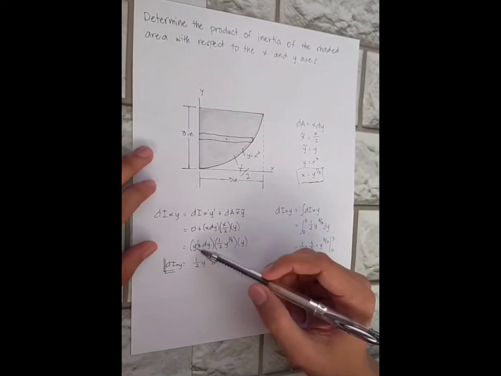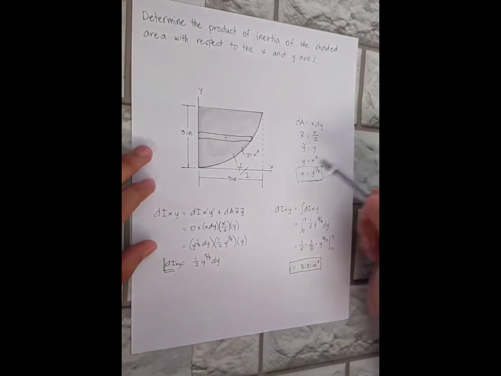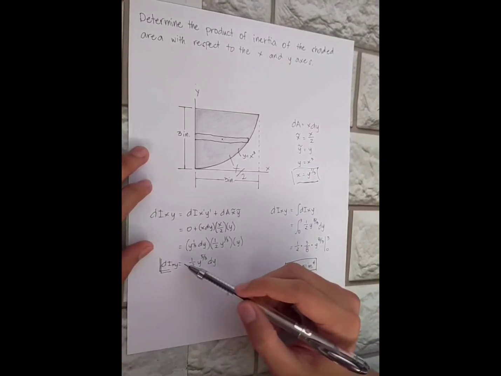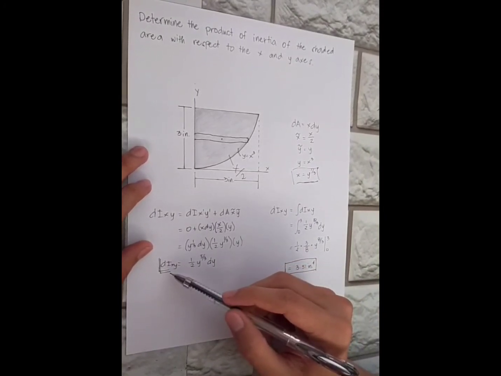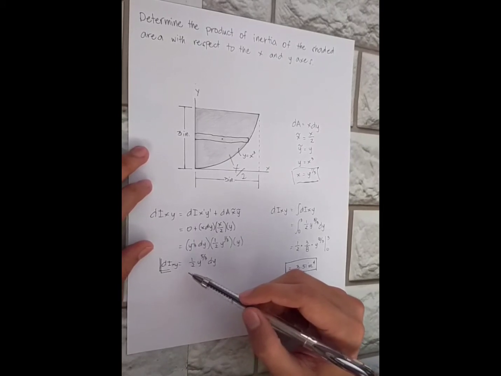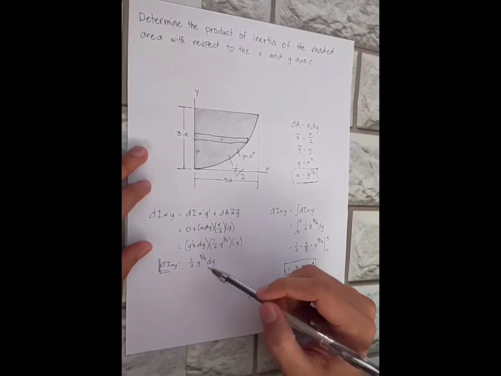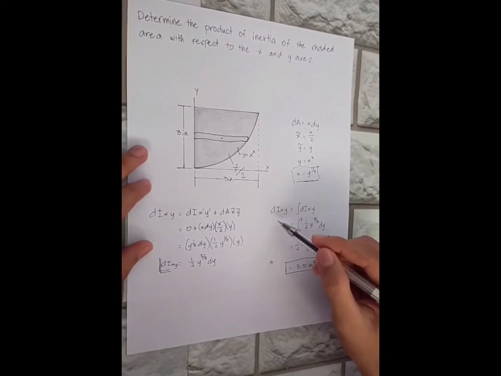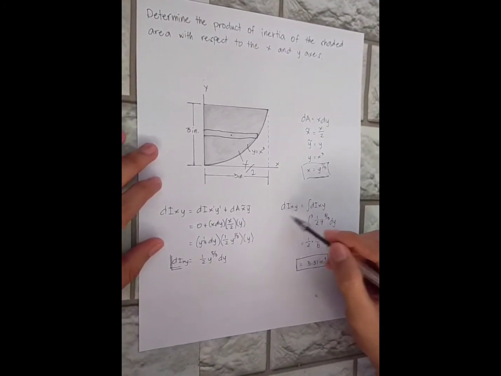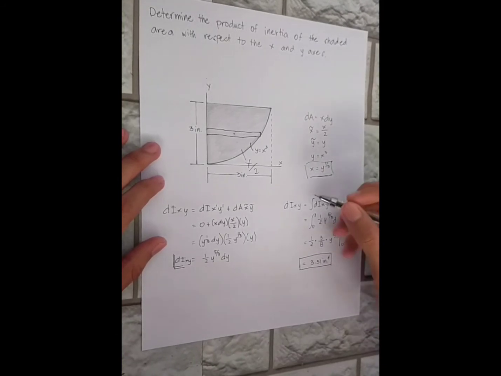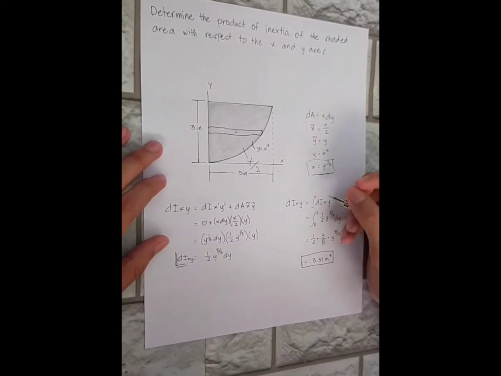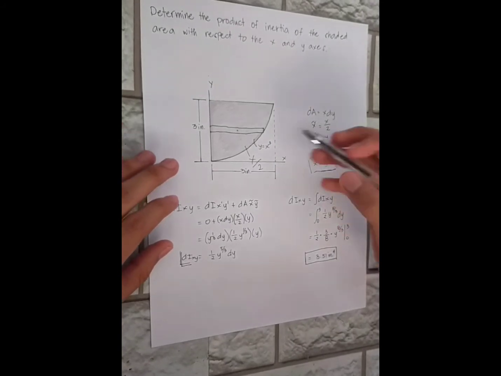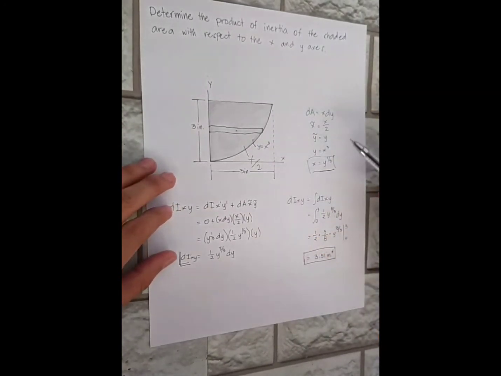By substitution, we get dIxy equal to 1/2 x to the 5/3 dy. We're going to have a further integration so that we can get the final answer for the product of inertia with respect to the x and y axes of this parabolic spandrel.